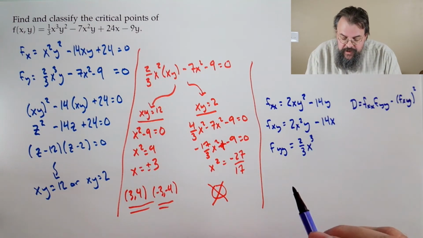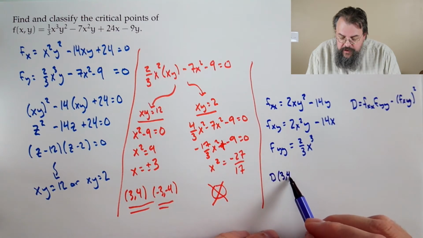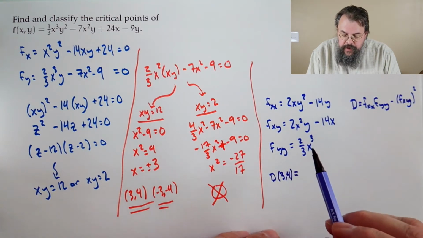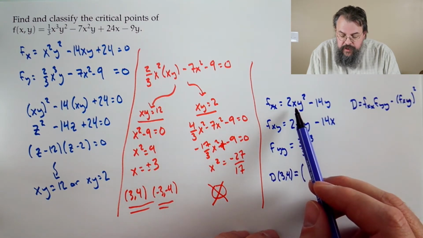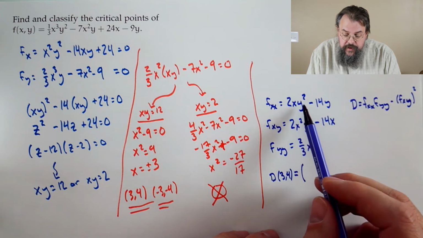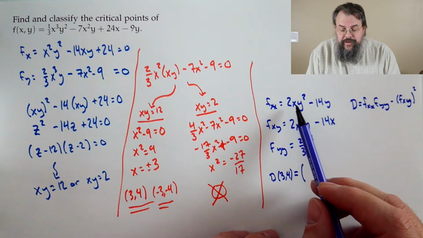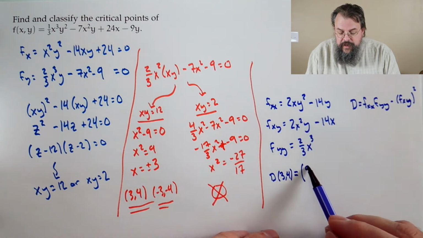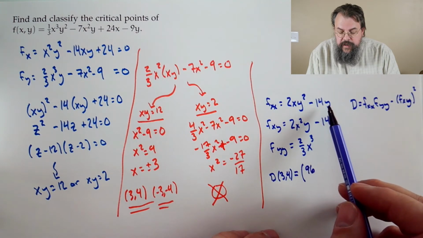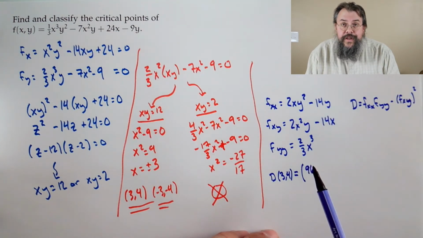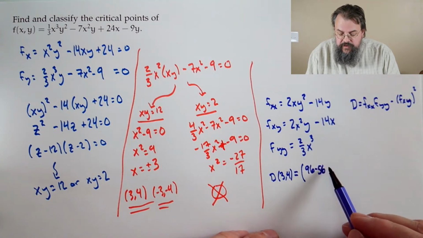Okay, so when we plug in (3, 4), what will happen? Well, we're going to get 2 times 3, which is 6, times 4 squared, 16. 6 times 16 is 96. Subtract 14 times 4. Well, 14 times 4 is 56. So 96 subtract 56.